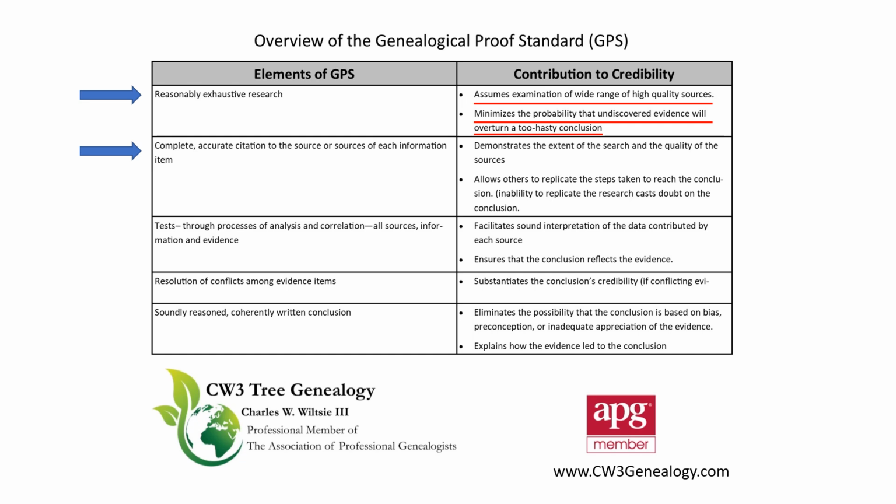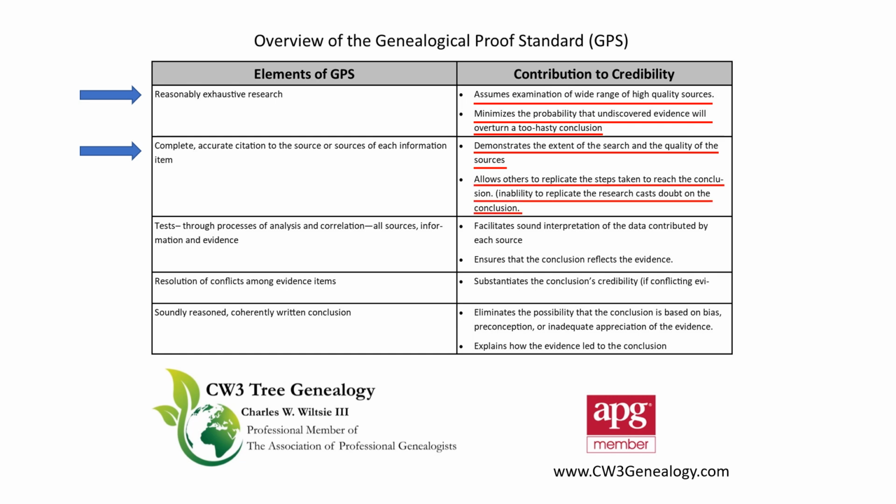Second part is the complete, accurate citation to the source or sources of each information item. It means that you have to demonstrate the extent of the search and the quality of the sources. Again, did it come from the National Archives? Did it come from the Bureau of Labor, or rather, did it come from, let's say, an historic society?